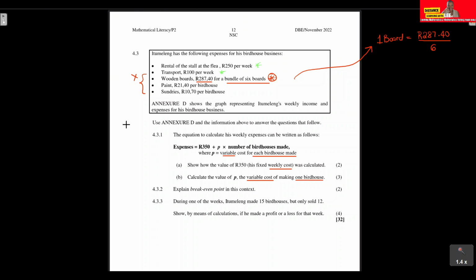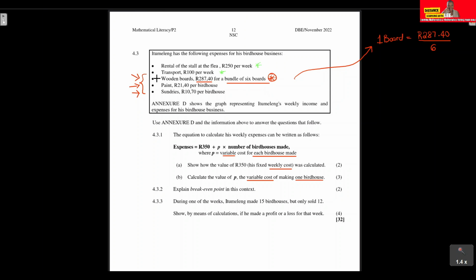The wood affects the variable cost, the wooden board, the paint, and the sun dries. All of these costs are variable. They can change. So to get the value of P, we're going to calculate how much he will pay to make one birdhouse.